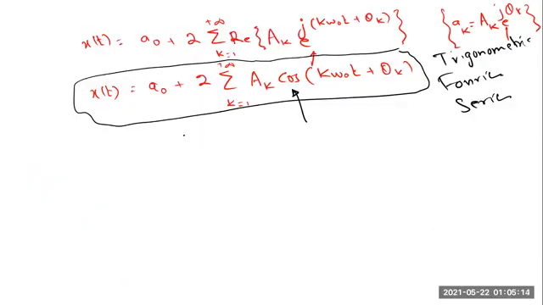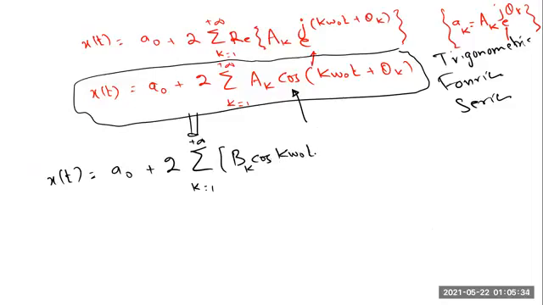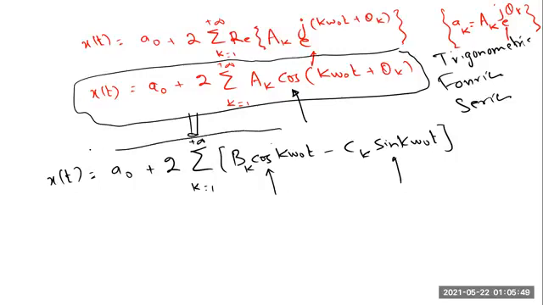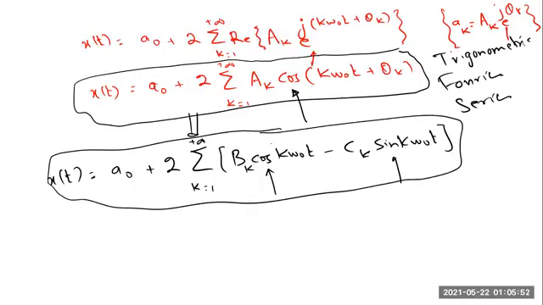I'm not going to do that here, so you can easily do that. x of t can also be represented as a naught plus 2 times the summation from k equal to 1 to plus infinity of dk cos k omega naught t minus ck sin k omega naught t. So sometimes you will see a Fourier series involving both sine and cosine functions. Actually that is derived through this particular form. So this is also a trigonometric Fourier series.